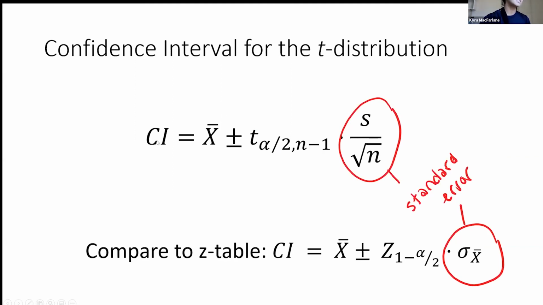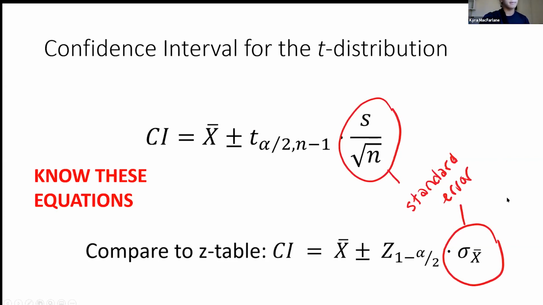So our confidence interval is equal to our mean plus or minus our critical value times our standard error. It's the same thing for the z-score: our mean plus or minus our z-crit times our standard error. And you need to know these equations when you're calculating your confidence intervals.